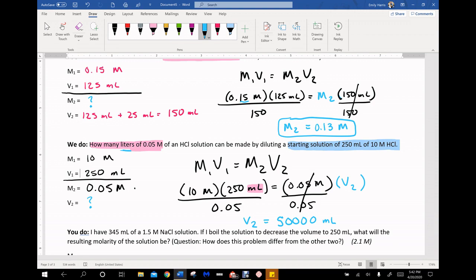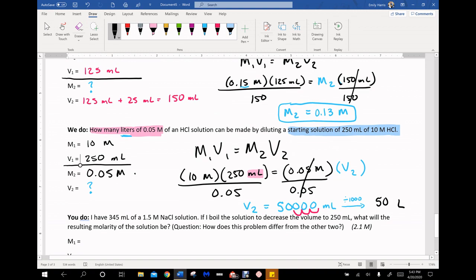So if our problem asked us for liters, we need to convert back to liters. Again, just as a reminder, when you're going from milliliters to liters, we're dividing by 1,000, which means we move the decimal place 3 spots to the left. So in reality, we're dealing with 50 liters for our volume. All right, so that's a lot. That's like 25 2-liter sodas.